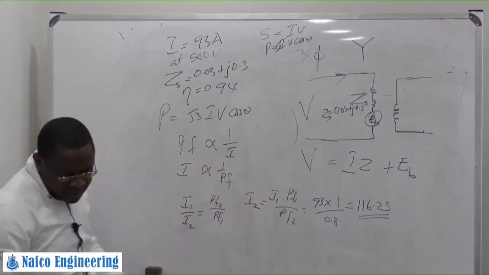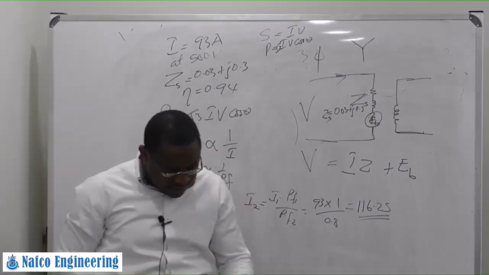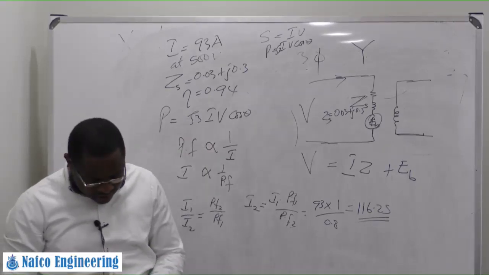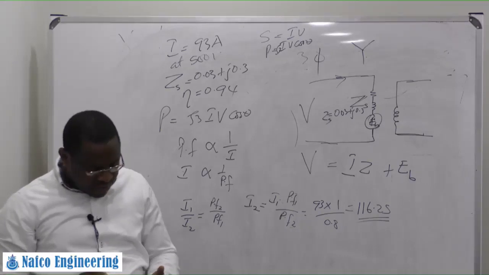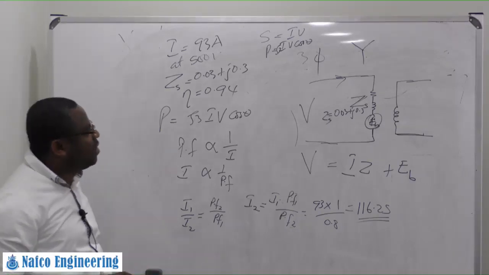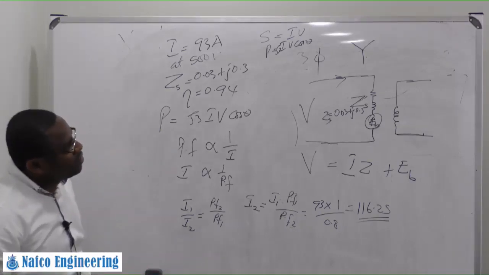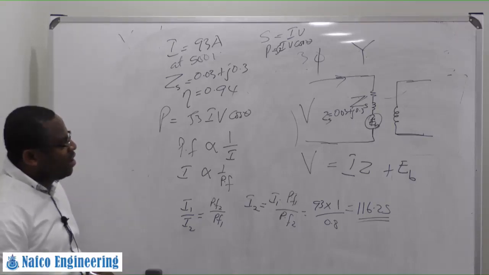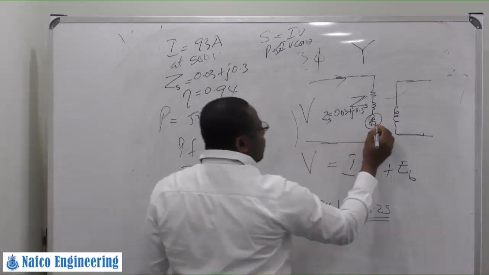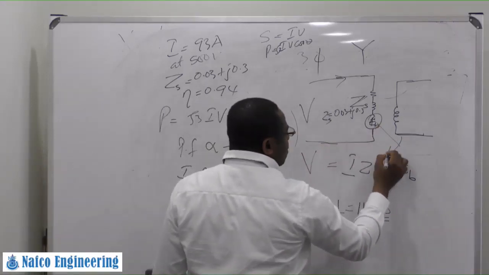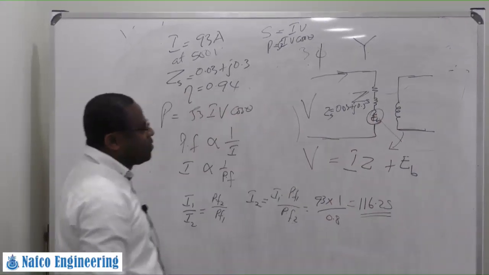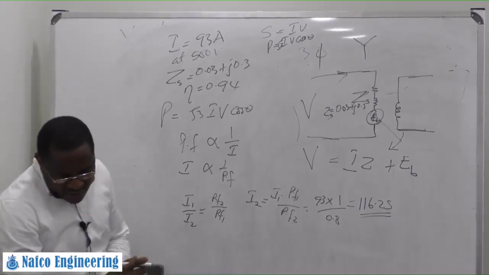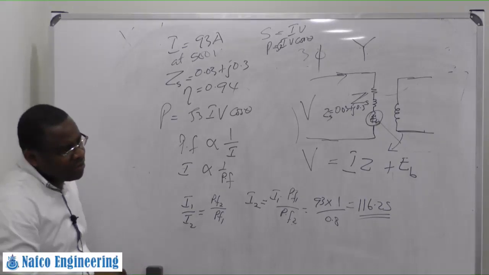Now let's look at the next one: the total mechanical power developed in kilowatts. This is a motor. So with the motor, you're going to have power out. And they want us to calculate the total mechanical power developed.